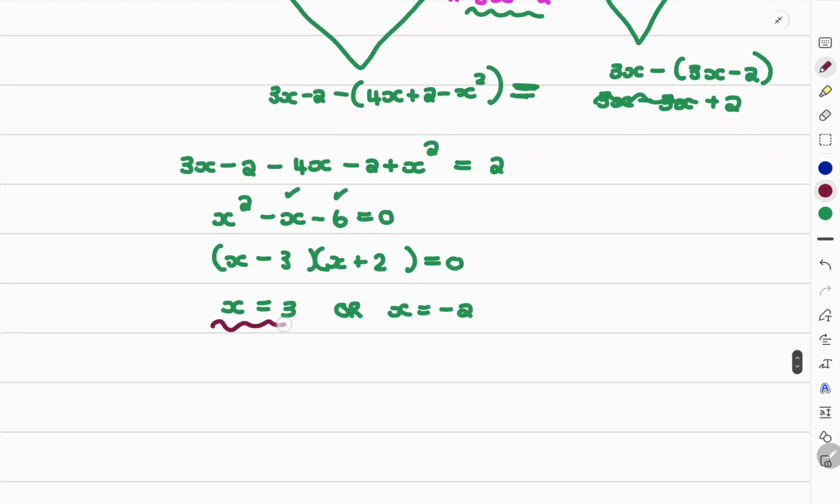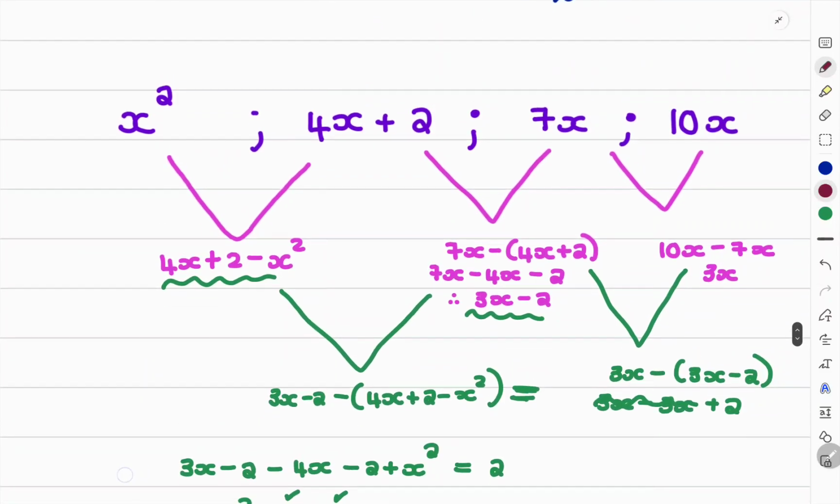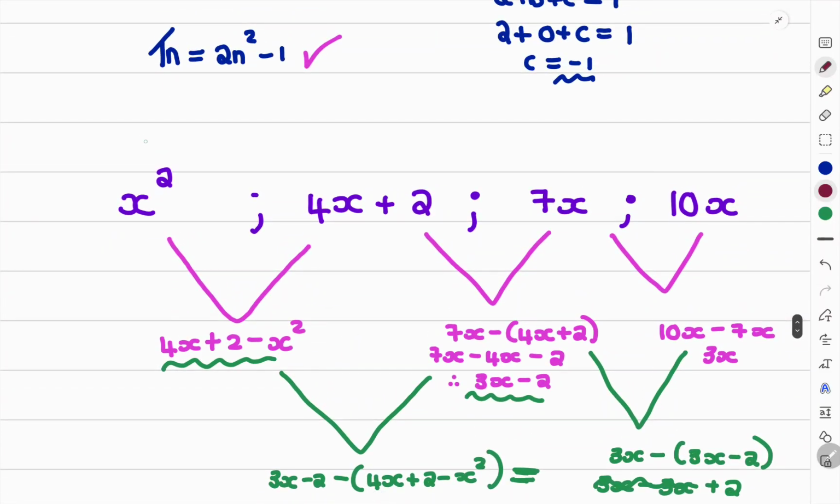So let's first take x is 3. If I replace it in here, 3 squared is 9. And then 4 times 3 is 12. 12 plus 2 is 14. 7 times 3 is 21. And 10 times 3 is 30. So what is happening?